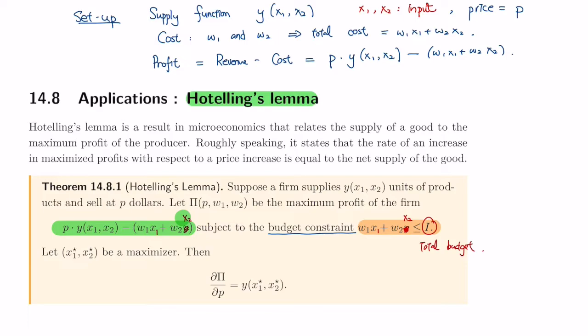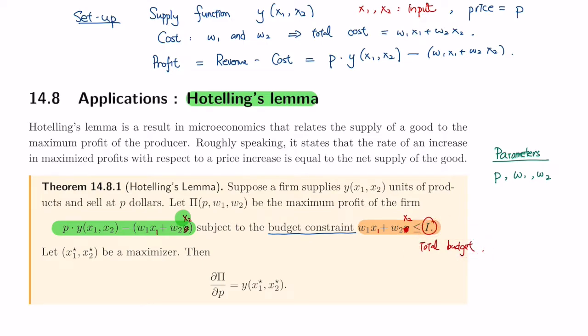In these optimization problems, there are three parameters. What are the parameters? Firstly, the price at which you sell your good, P. Also, the cost of each of the inputs, W1 and W2. Note that in this setup, the total budget is fixed, so I is not a parameter.